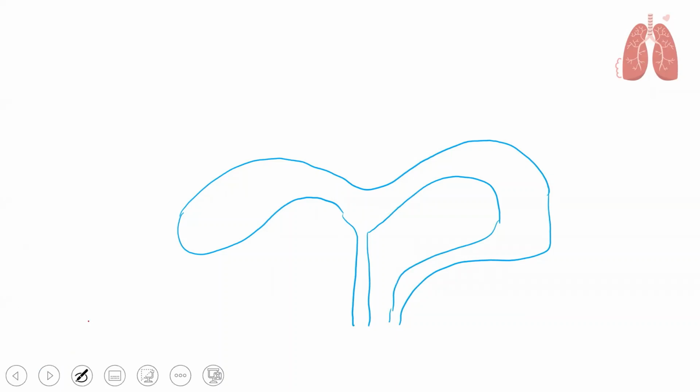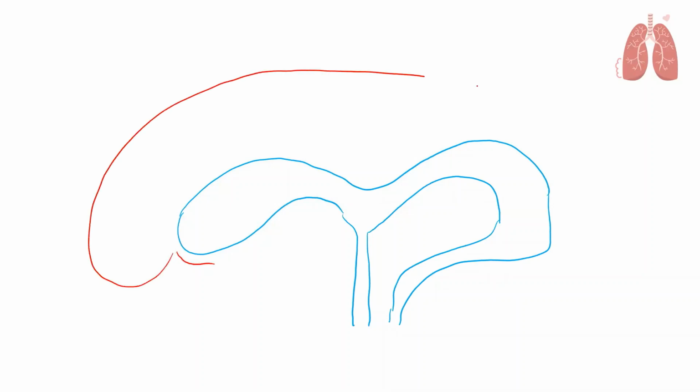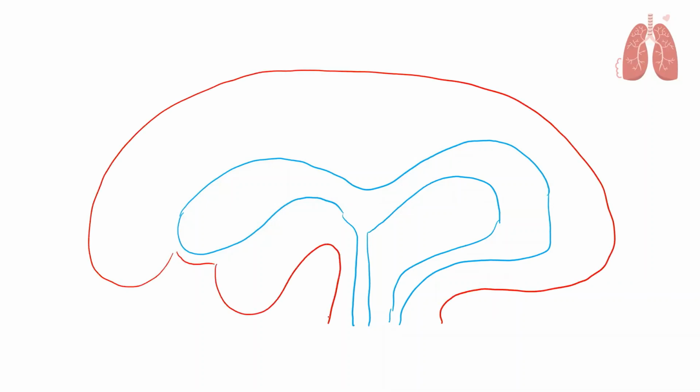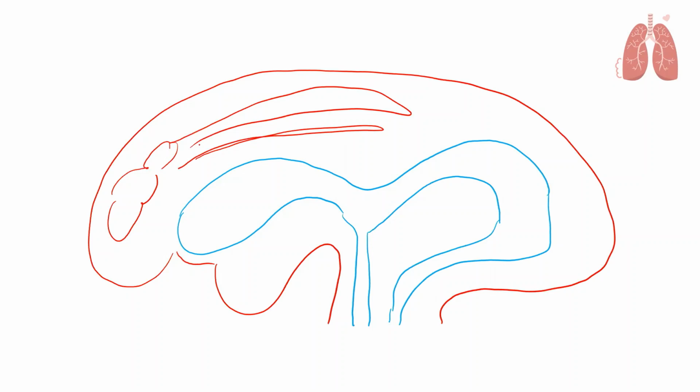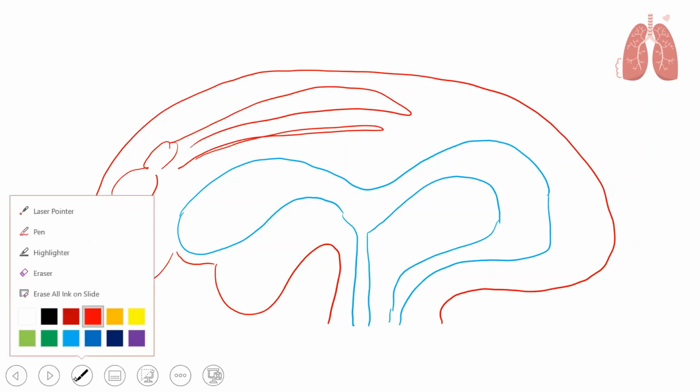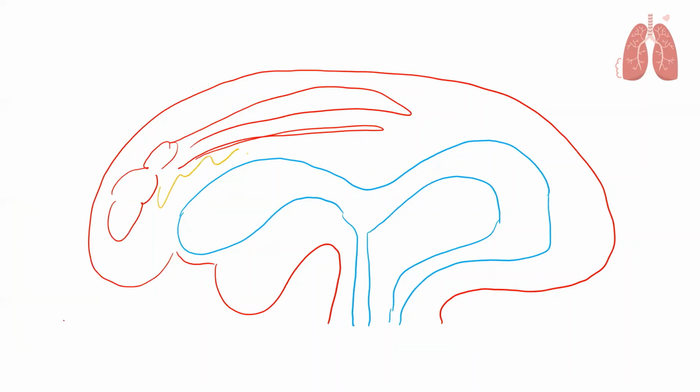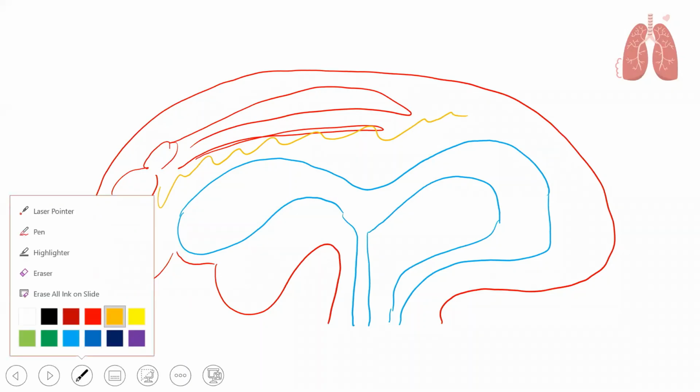Then, if you draw the ectoderm, you have the ectoderm like this. You have the neural tube and the notochord, and in between you have the mesoderm. So this is the longitudinal section of an embryo.